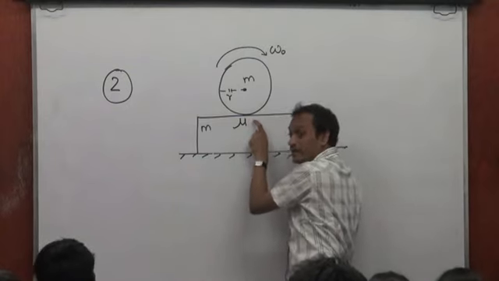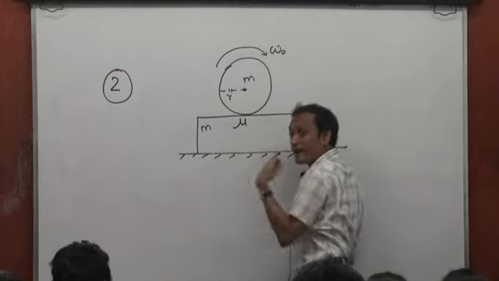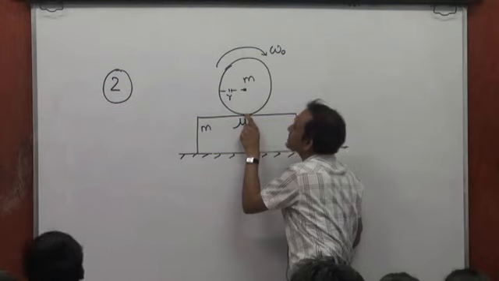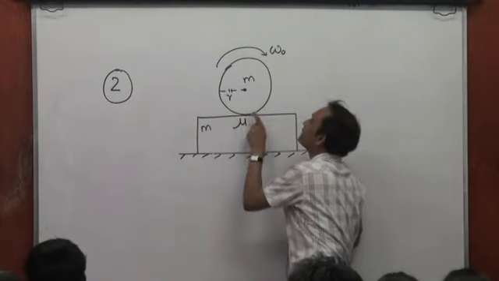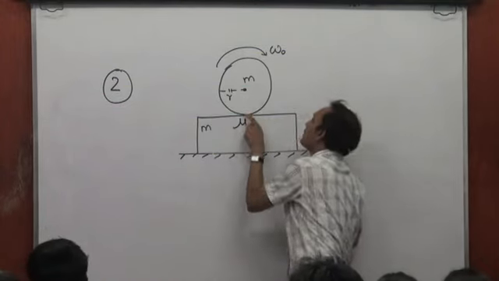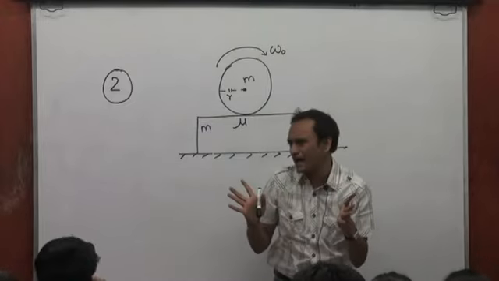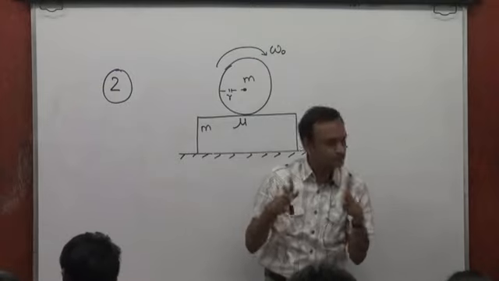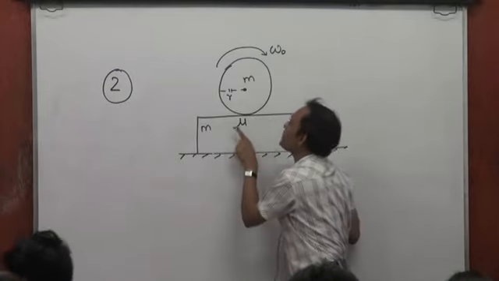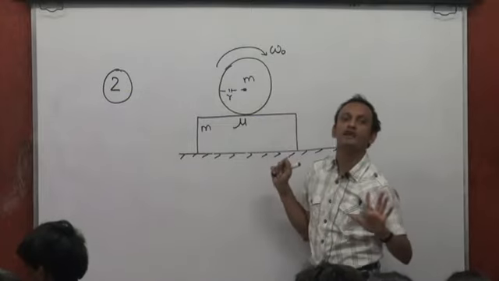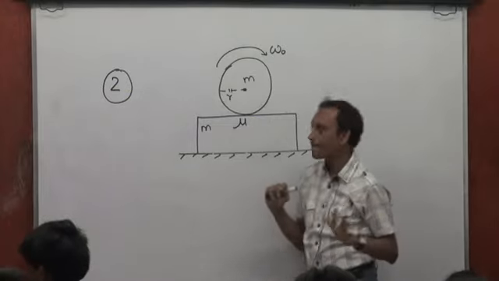The block, since it witnesses at the lowest point a leftward velocity, will exert on the sphere a rightward frictional force, approximately maximum static, mu mg. And the sphere in turn would exert on the block a leftward frictional force as a reactionary measure, right?